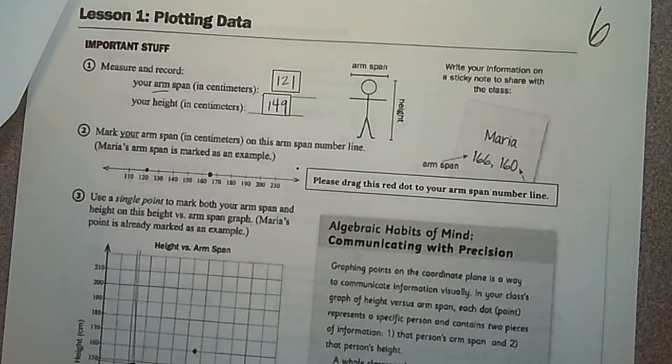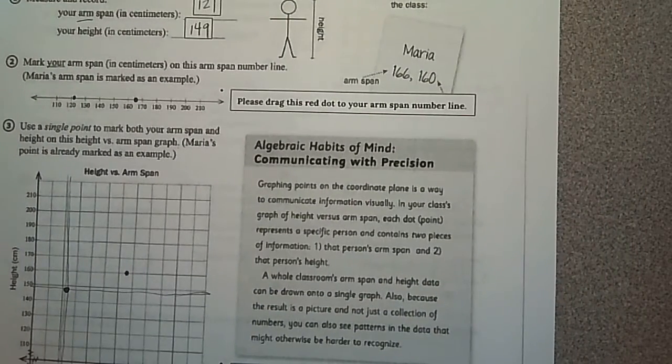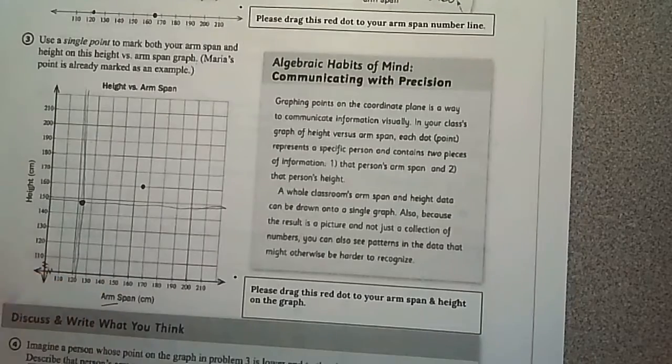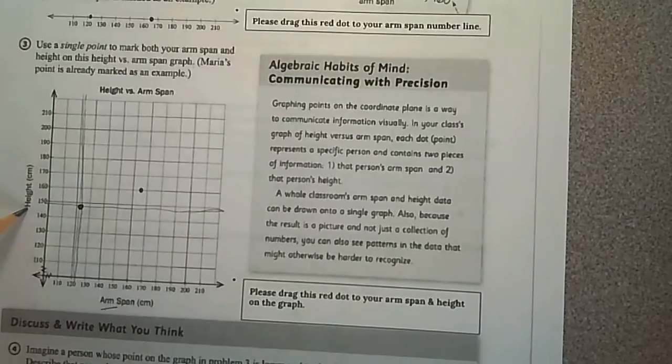All right, cool. Algebraic habits of mind: communicating with precision. Graphing points on the coordinate plane is a way to communicate information visually. In your class's graph of height versus arm span, each point represents a specific person and contains 2 pieces of information: that person's arm span and that person's height.